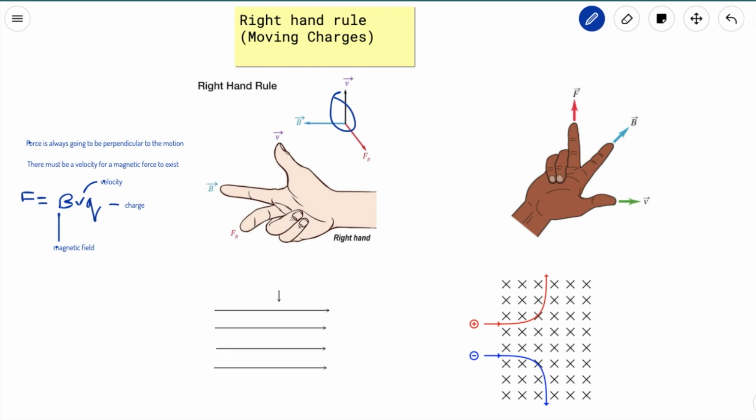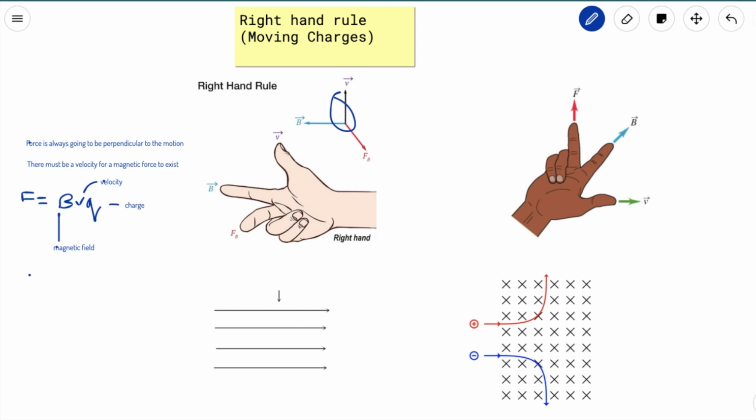if it's always perpendicular to the motion, then it's not going to do actual work on the particle. Now what do I mean by that? As it's perpendicular, remember, for work to be done, the force has to act in the same direction as the motion. As it's perpendicular to the direction of motion, there is no work done.